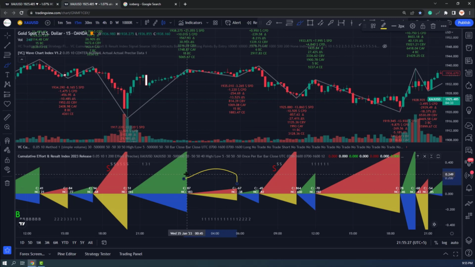This result is based on this comparison. It is showing that the effort consumed in this move is 67% less than in this comparison. The effort and result comparison of this down move and this up move combined is less than the previous wave.